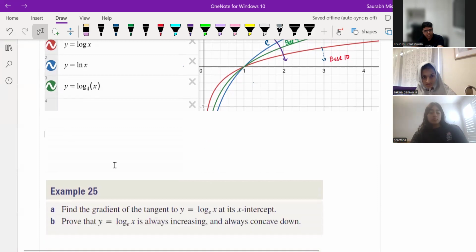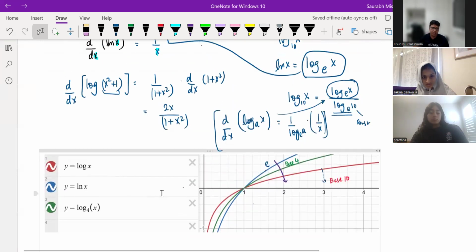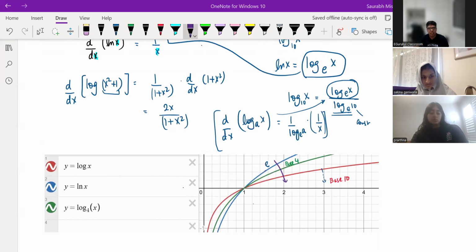Where the difference comes, let's look at in this graph. Let me see if I can bring that also. So at x equal to 1, it is 0. Let's see x equal to 2 values.